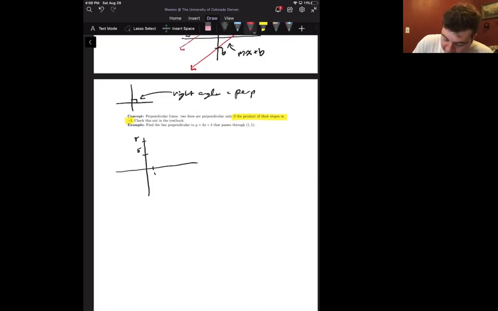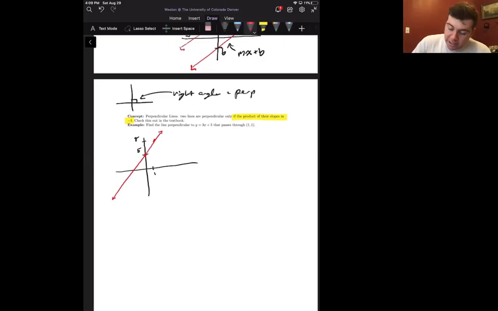Our line crosses through at 0, 5, and then we go up 3 and over 1, so through at 1, 8. Then we just draw the line through those 2 points. And we want to find the line that's perpendicular to it and passes through 1, 1.